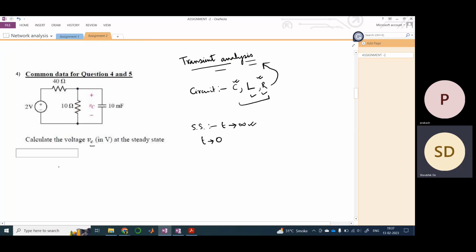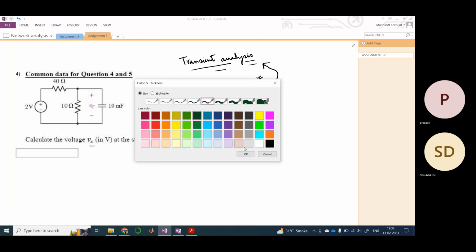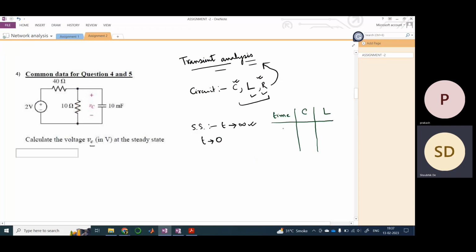So I'll just make a table for you, maybe here using current. Let's say this is my time. This is my C, this is my L, and I create a table here. So this is time t tending to zero.